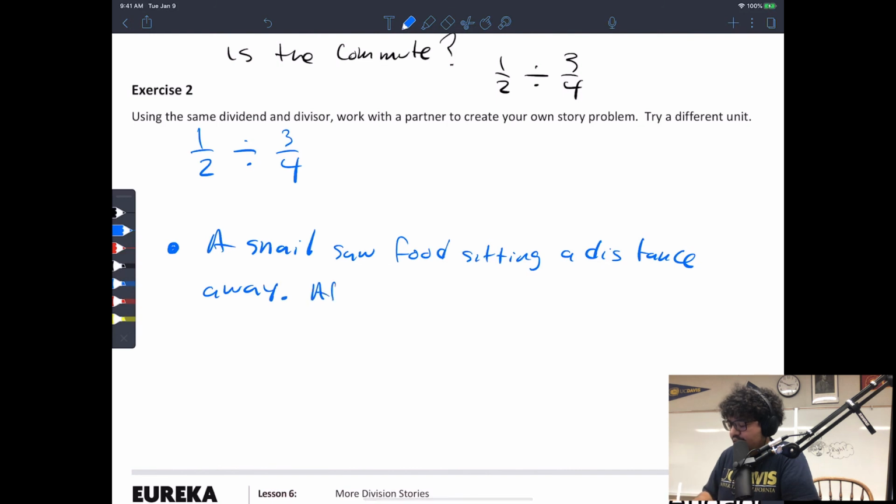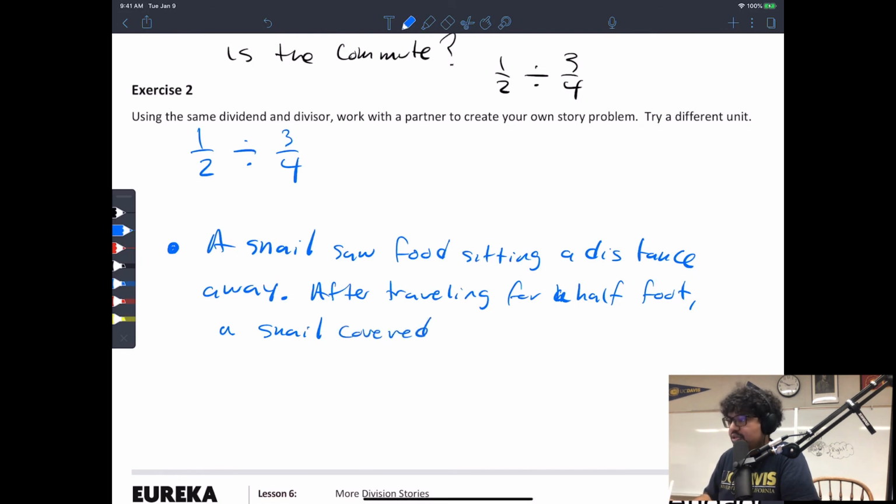Okay, so after traveling for half, let's just say for a half foot, a snail, so the snail covered 3/4 the distance.